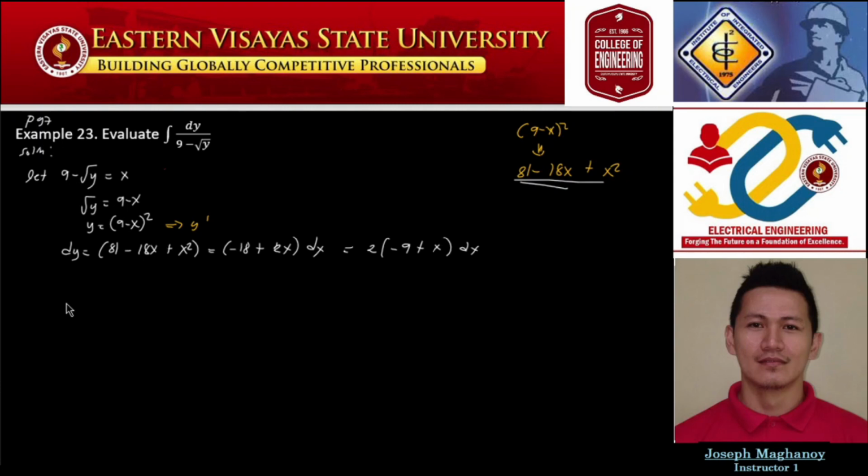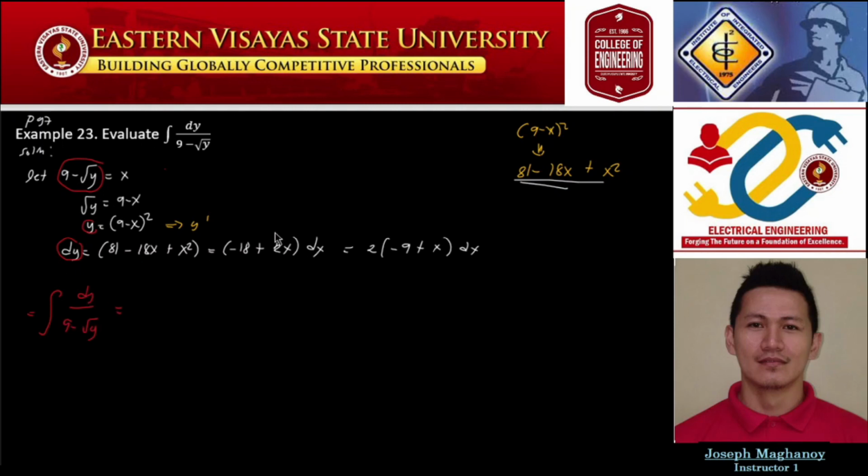So now, we're going back to our function, substituting the value of our dy and our y. So integral of dy all over 9 minus square root of y.